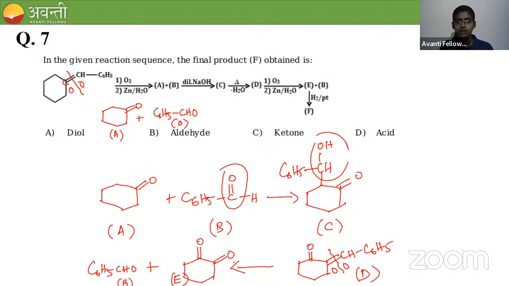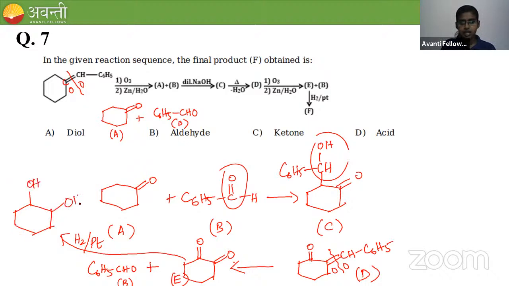And this compound E is treated with H2 and platinum metal. What is this H2 and platinum? It is the reducing agent, no? Hydrogen in presence of a metal is called catalytic reduction. This H2 can reduce both the double bonds present in compound E. So finally, a ketone always forms a secondary alcohol, right?